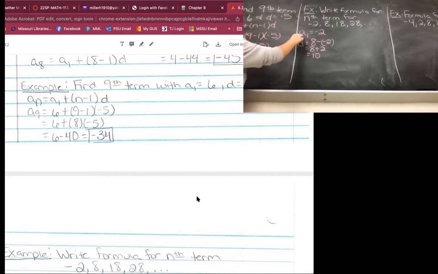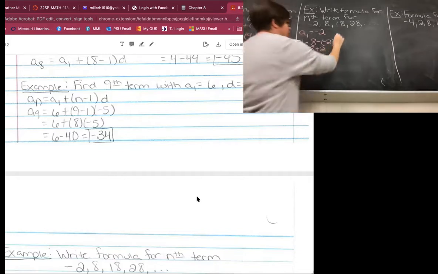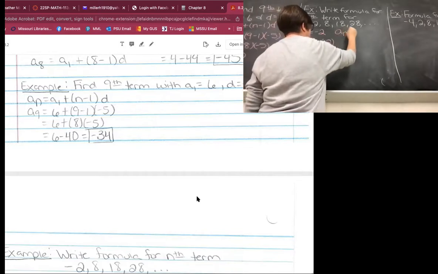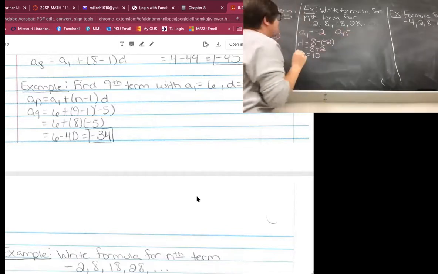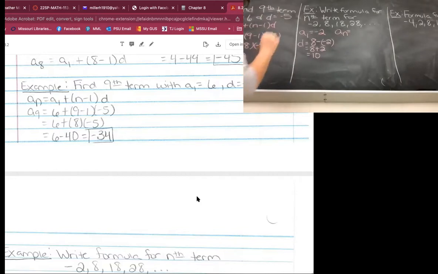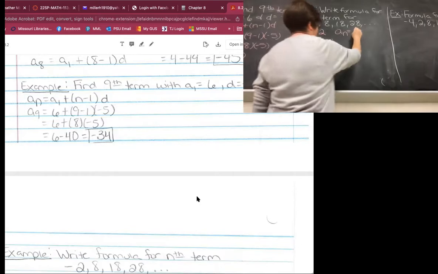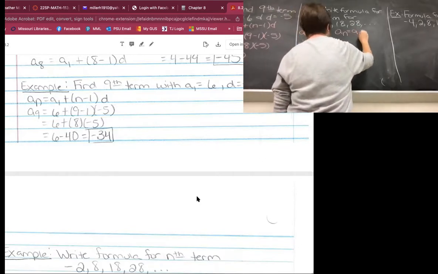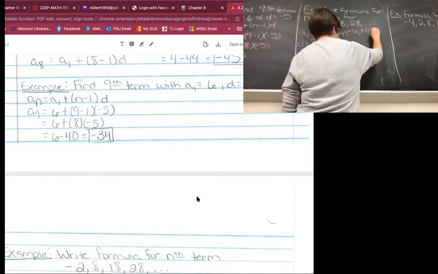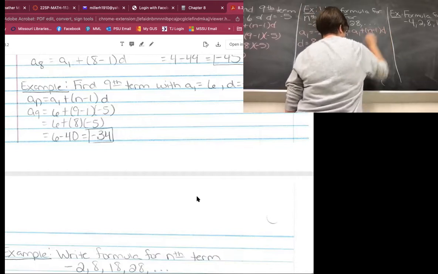Now that we know our first term and we know our common difference, we can plug those two things into our general form, that a sub n, and come up with our formula for the nth term for this specific arithmetic sequence. Because it's a sub n equals a sub 1 plus n minus 1 times d.